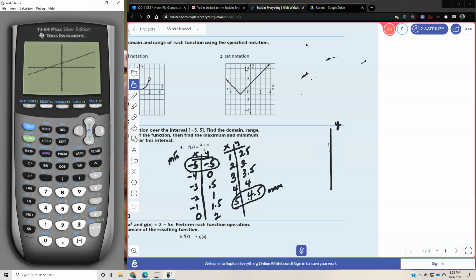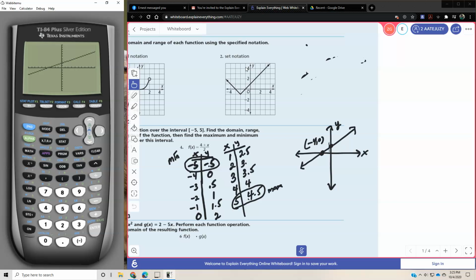So here's your y-axis. Here's your x-axis. And of course, it looks like this on the TI-84. And this right here is your x-intercept, which is negative 4, 0.